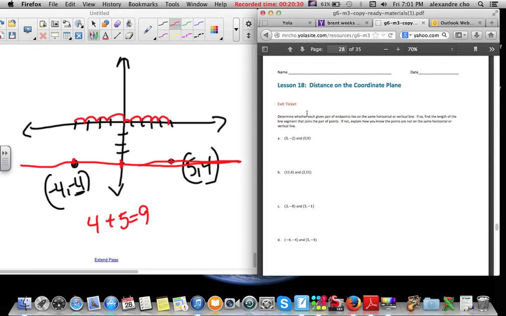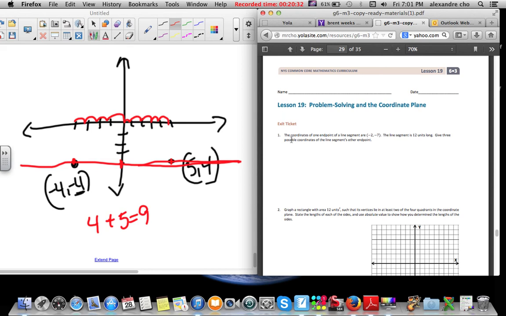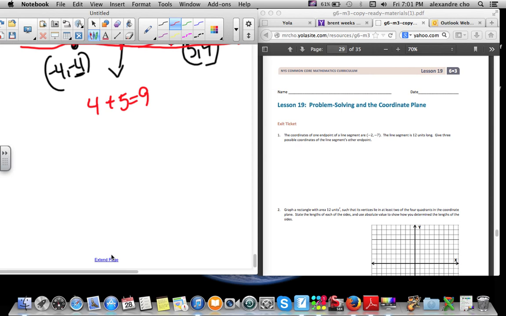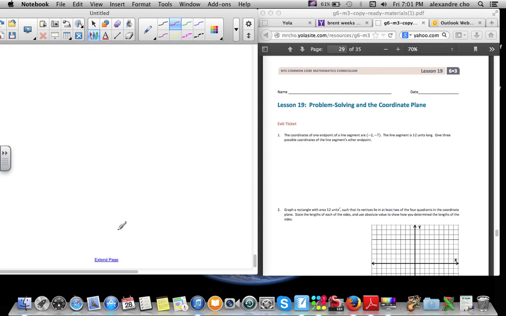And I think we have one more page. The coordinates of one endpoint of a line segment are -2, -7, and the segment is 12 units long. Give 3 possible coordinates of the line segment's other endpoint.